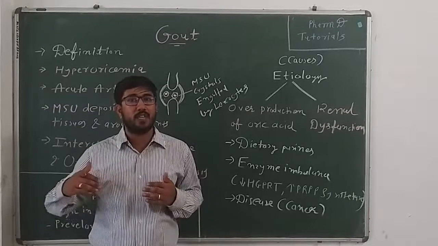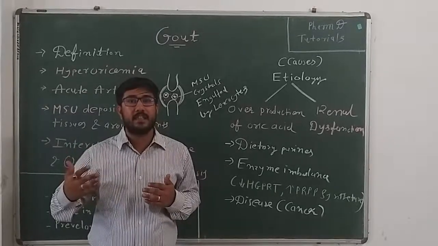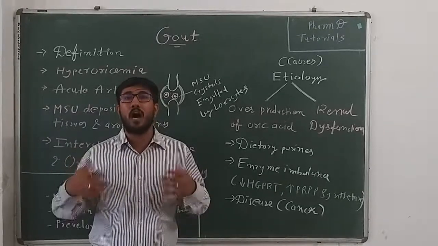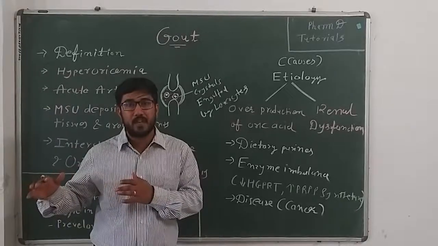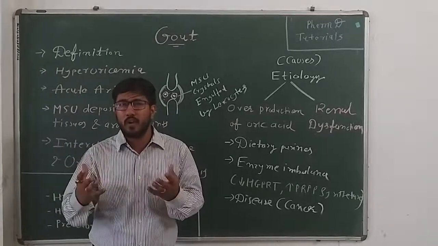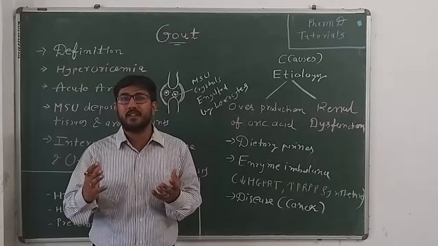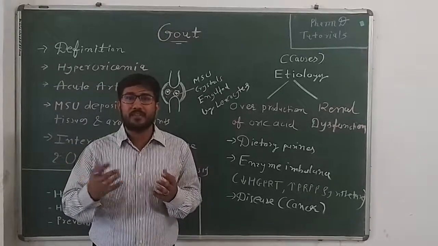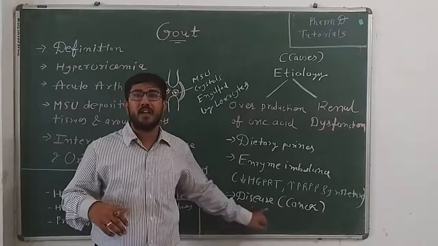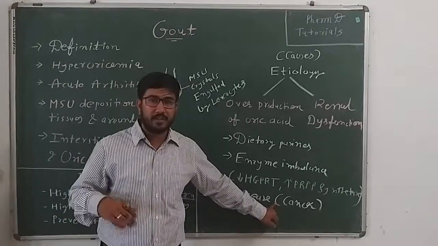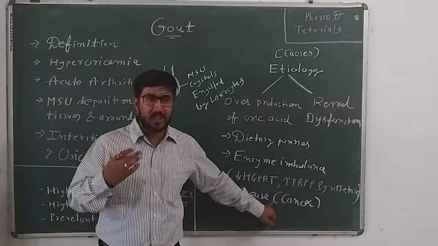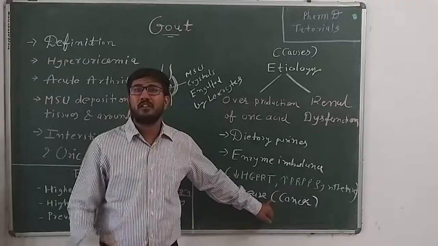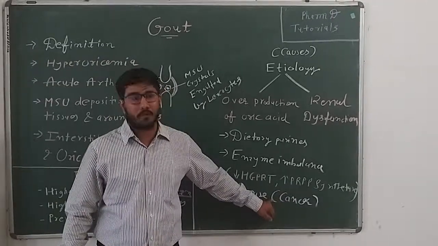Whenever there is turnover of these cells, there is more and more RNA and DNA turnover, and that is why ultimately there are higher levels of adenine and guanine, which are converted back into uric acid, responsible for hyperuricemia and ultimately gouty arthritis. So we can conclude that in conditions like leukemia or lymphoma, gouty arthritis is a very common complication.